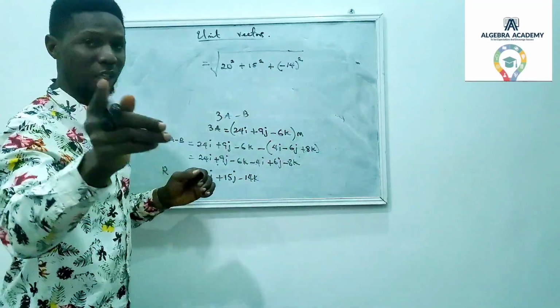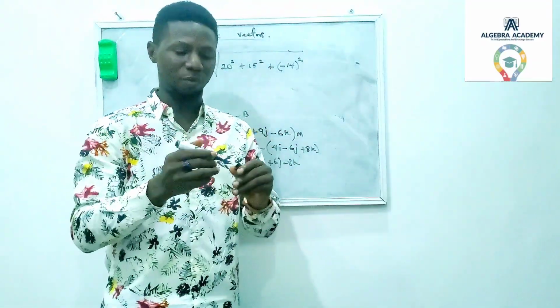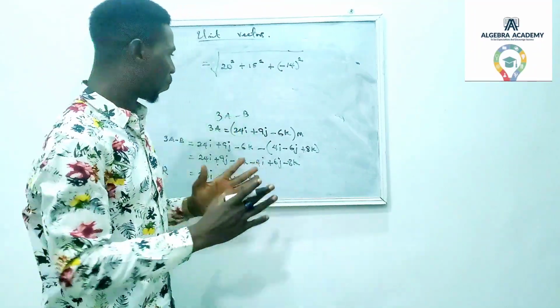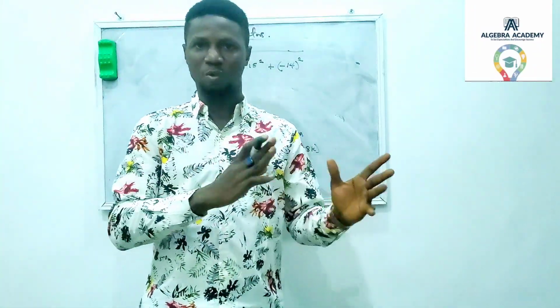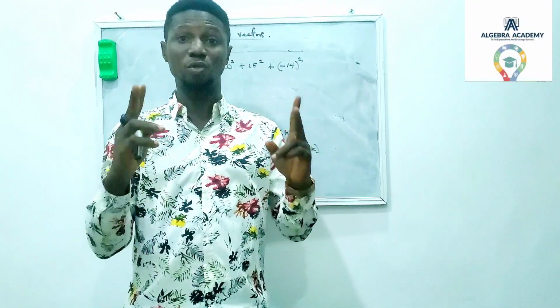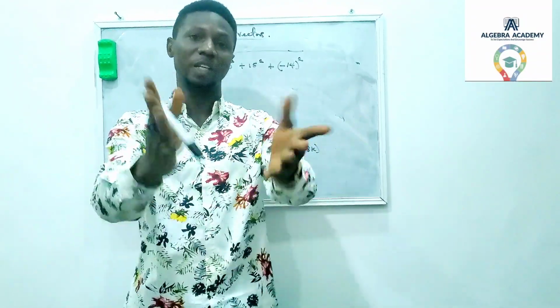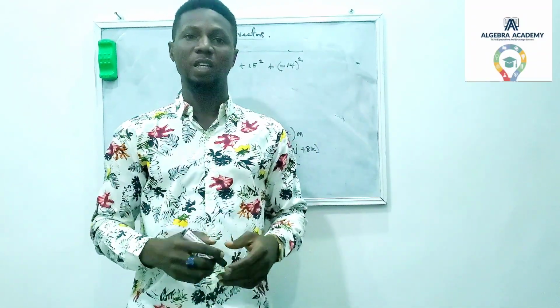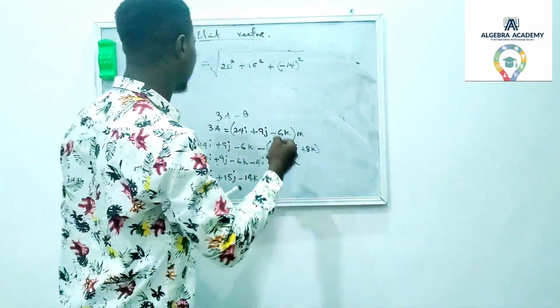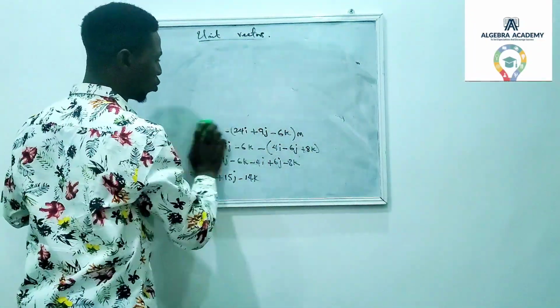What do you have with your calculator there? That's the answer. That's just how to find the magnitude of the resultant. You can see they didn't put it in the form of a equals this and that. They gave you in the form of two displacements, and you're asked to find the magnitude of 3a minus b. That's just addition of vectors, and you have subtraction also in a similar way.